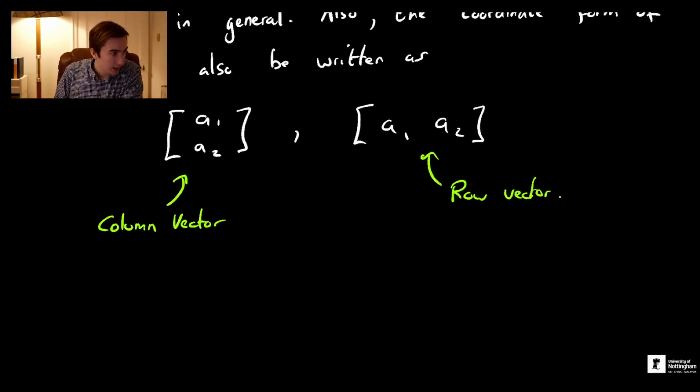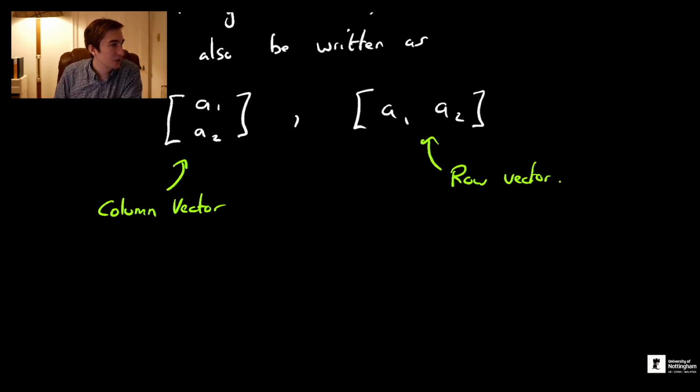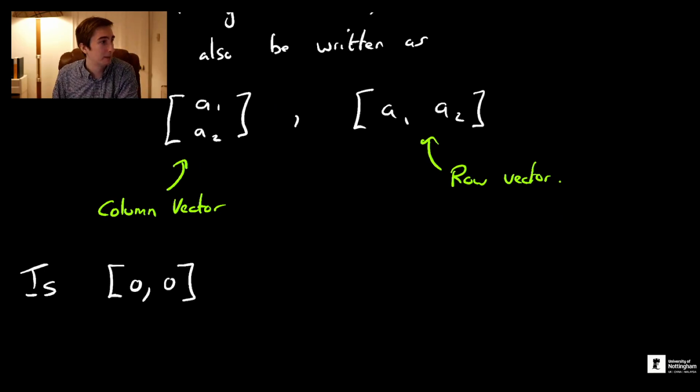Okay, and then there's a kind of special vector that we want to look at now. So we ask ourselves the question, well, it seems possible now in the coordinate form, we can have 0, 0, right? I could just do that by taking the 2 points to be the same.